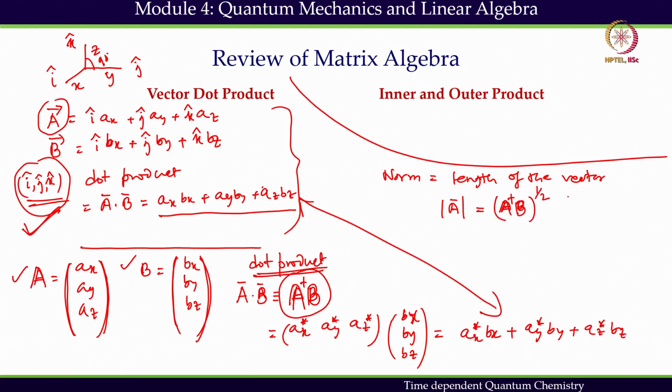That is the norm, which is nothing but the square root of Ax square plus Ay square plus Az square. That is the way the norm would be represented in the matrix form. This is the matrix form of the norm.